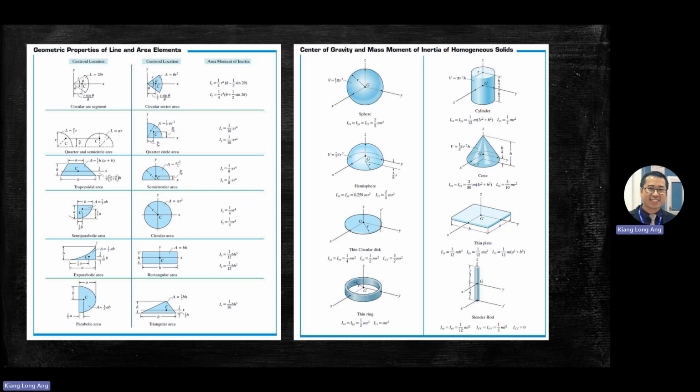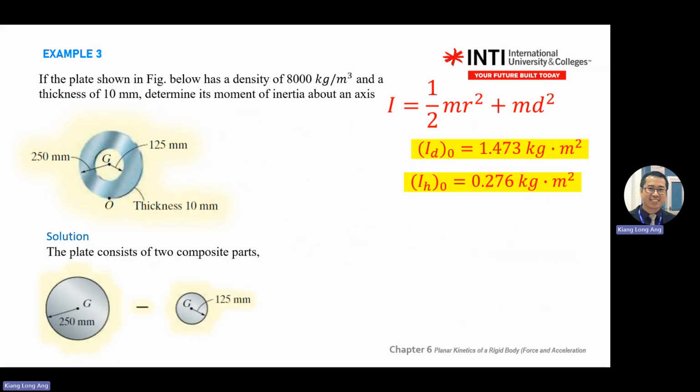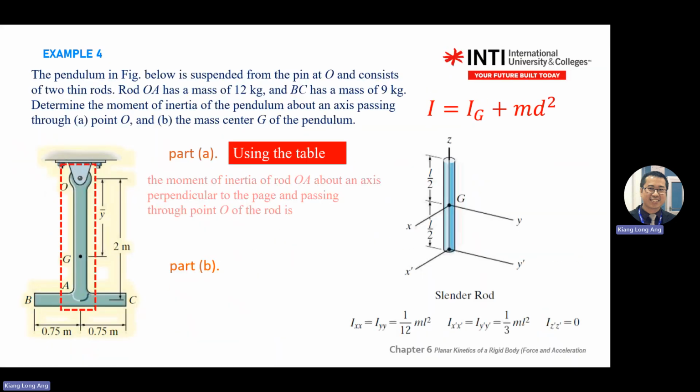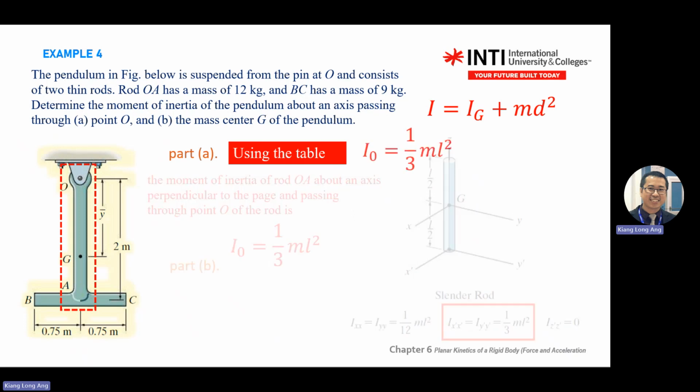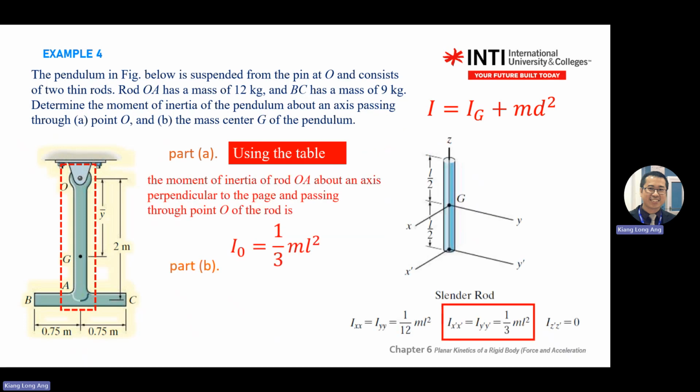Because the first case is from O, from this point, the D is here already, so 0. Anyone who doesn't understand why we use this one, why we use X comma Y comma? And there's no D there because we are referring to this point. The D is 0.